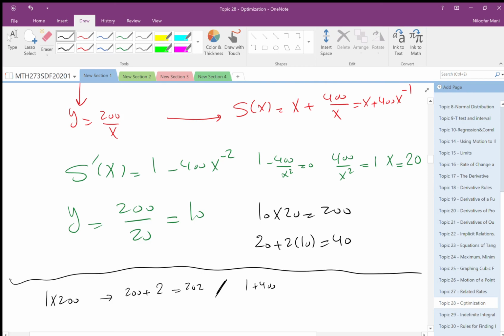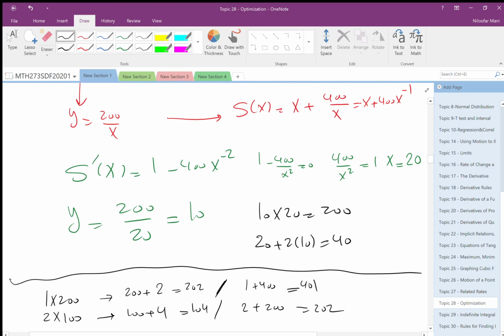So it is 401. No, it's a very large number. How about 2 times 100? I can do 100 plus 4, because it says double the second. So it is 104, or I can do 2 plus 200, because double, so 202. No, it's a very large number.